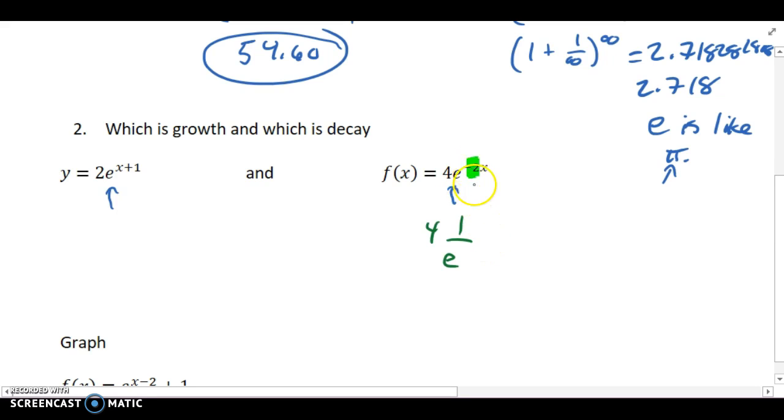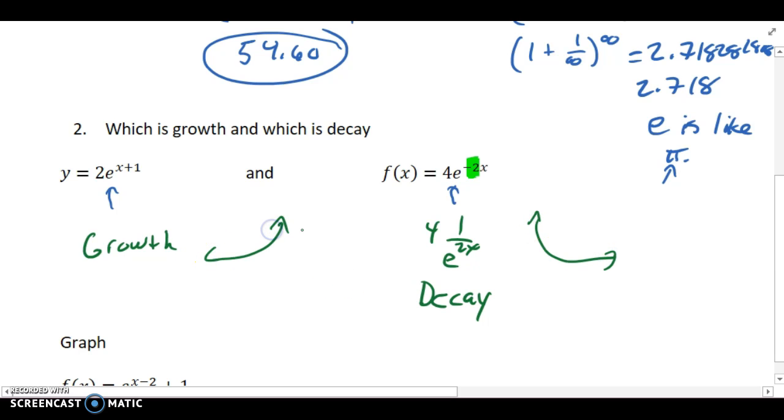So when we have a negative power, that tells us it is decay. When we have a positive power, that tells us it is growth. That's the key indicator, so we know that this is going to be a graph that looks like that, and this one a graph that looks like that, because it's decaying or growing from left to right.